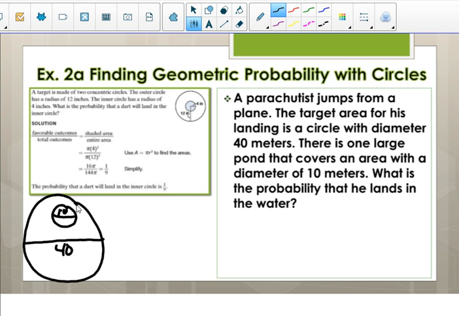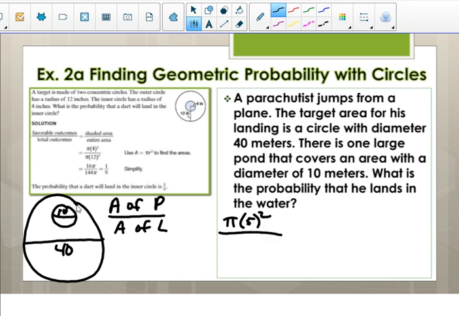So we have the area of the pond divided by the area of the landing circle. So now I have pi r squared. The radius of the pond is half of 10, so that would be 5, and I need to square it.